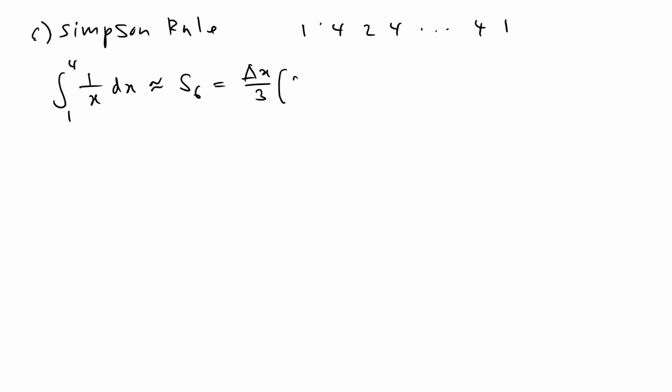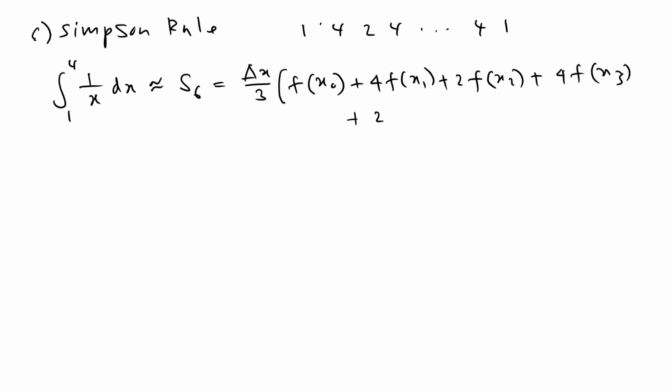And then the formula is f(x0), the first one, and all the odd ones you multiply by 4, and all the even ones you multiply by 2. So it's going to go like that: f(x3), 2f(x4), 4f(x5) plus f(x6). So now we're going to plug in the values.